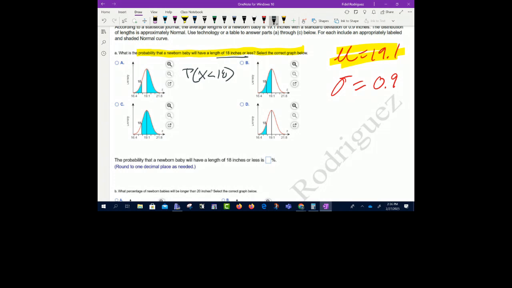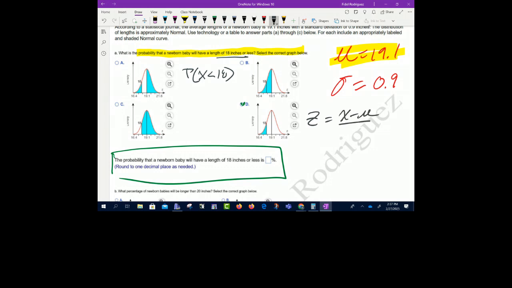So let's pick D, and you know what's going to happen, right? When you're doing this on your Pearson, you get, boom, good job, or excellent, whatever. Now let's see if we can find what that probability is. First thing we're going to do is convert that number to a z-score.